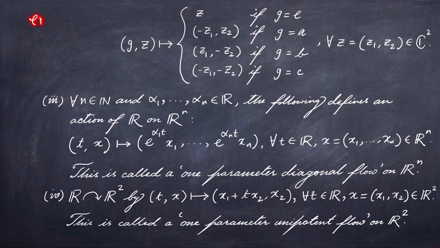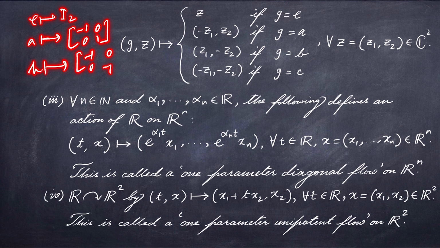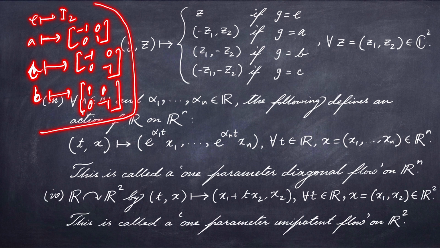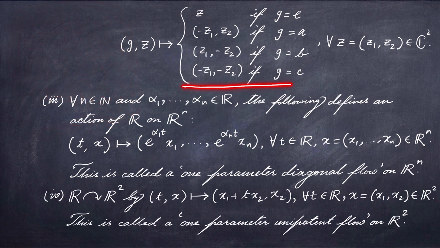We send E to identity, A to let's say diag(-1, 1), B to diag(-1, -1), and C to, let's see. So here I should have written C, and rather therefore B should be sent to diag(1, -1). So it's easy to see that this gives a homomorphism from V4 to GL2(C), and that gives us this action.